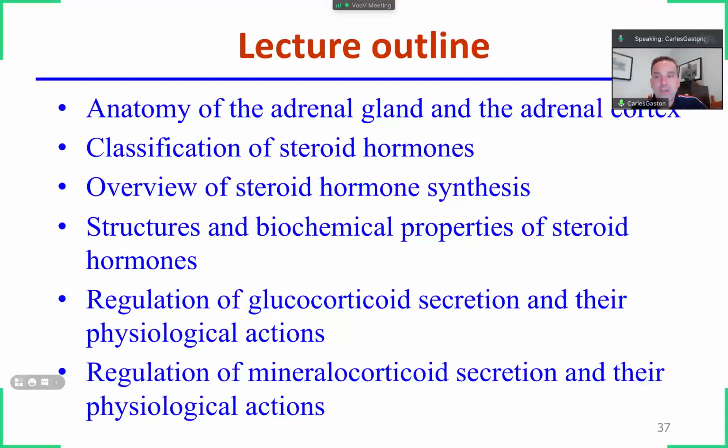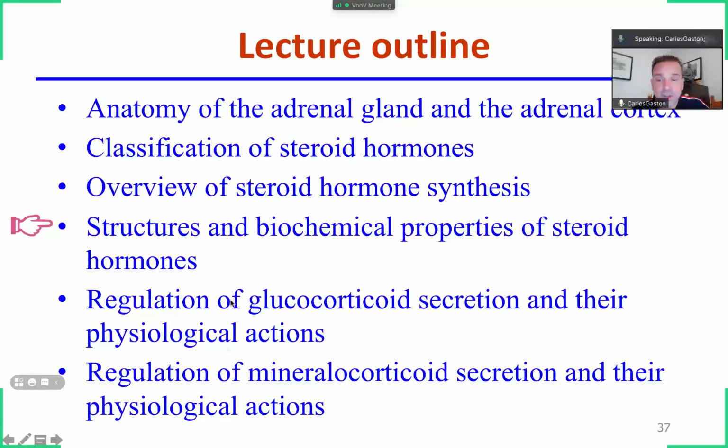Okay? So, we have covered the structure and biomechanics, and now we've done the overview of steroid hormone synthesis and some of the hormones pathway. We're going to look into the structure and biochemical property of steroid hormones. Now, we're going to do in the following lectures tomorrow, because otherwise it's a lot to assimilate, the regulation of the glucocorticoids, secretion and physiological action.